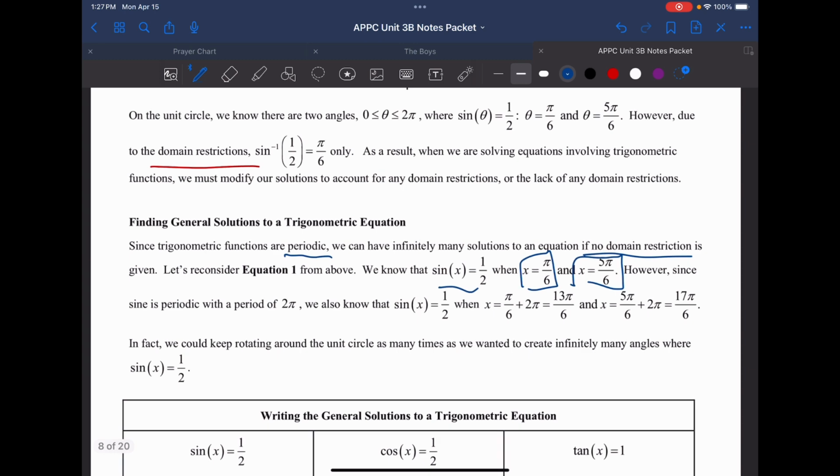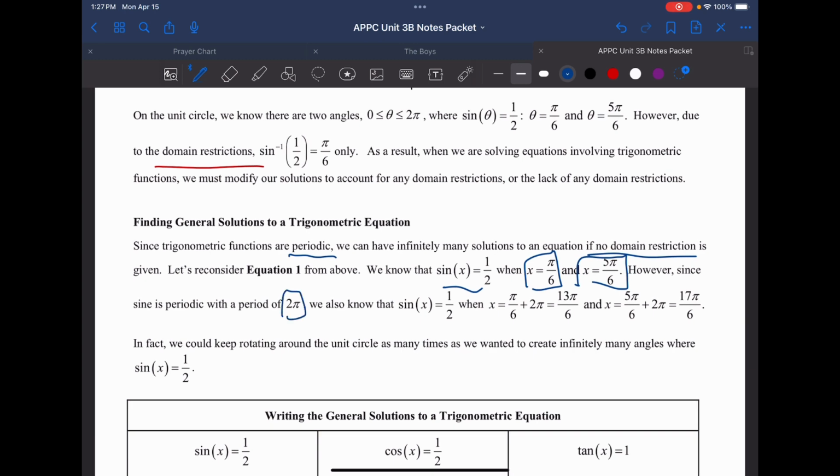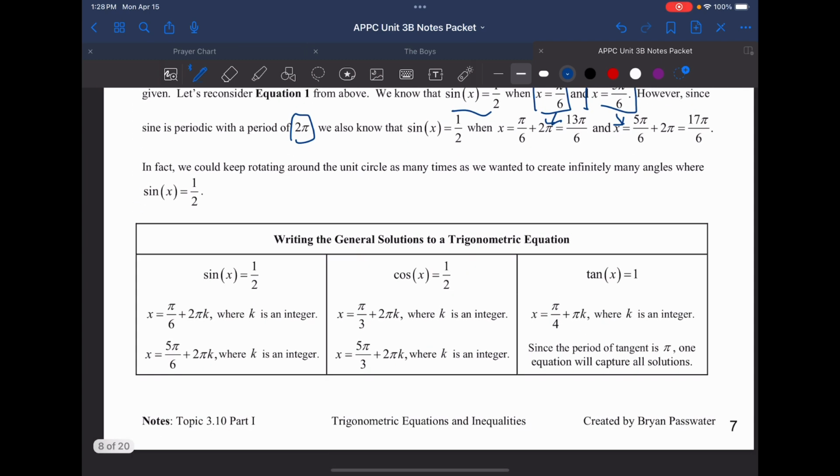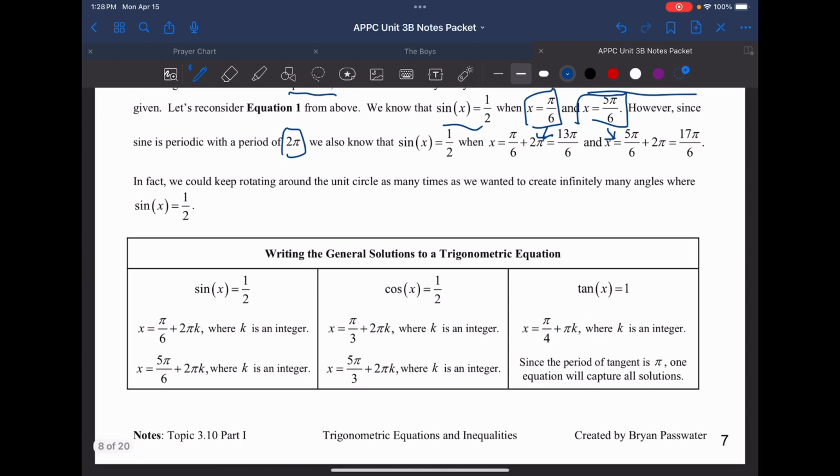But because sine is periodic with a period of 2 pi, pi over 6 can end up at 13 pi over 6. Inputting pi over 6 and 13 pi over 6 outputs 1/2, and so does 17 pi over 6. So we could rotate around the unit circle as many times as we wanted and create infinitely many angles.